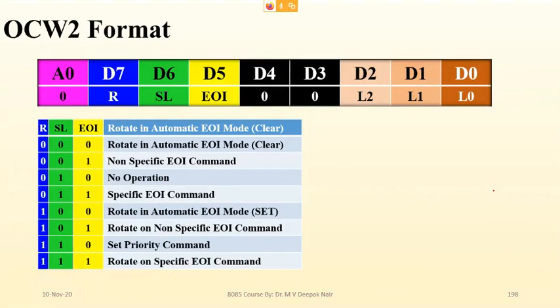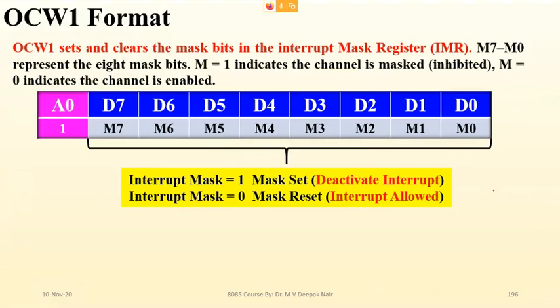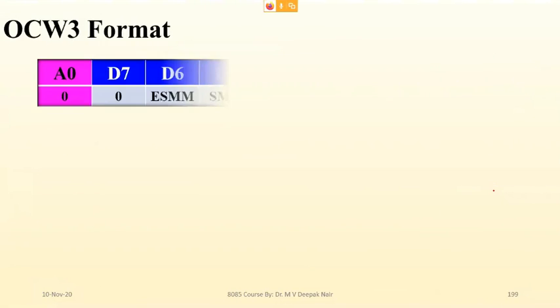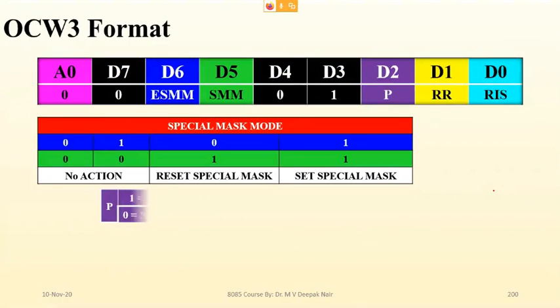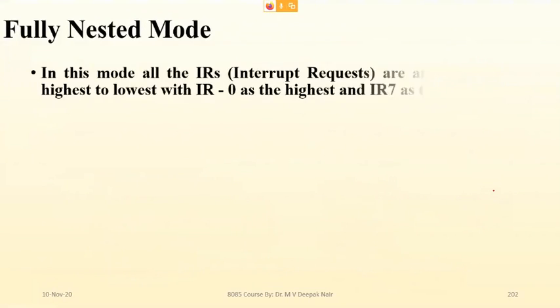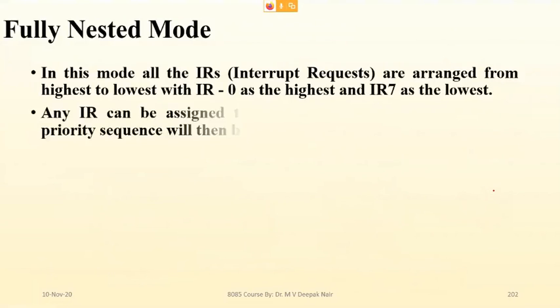In OCW1, there is no such restriction. It can directly use all the bits to mask. So OCW2's D3, D4 will tell you OCW2 is there, and OCW3's D3, D4, D7 will tell you that this is OCW3.